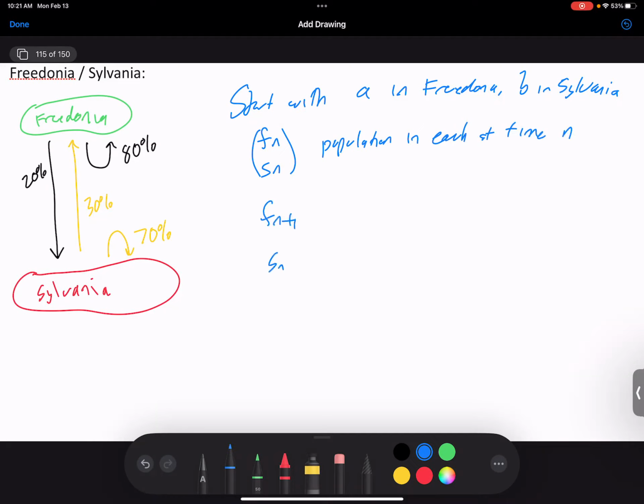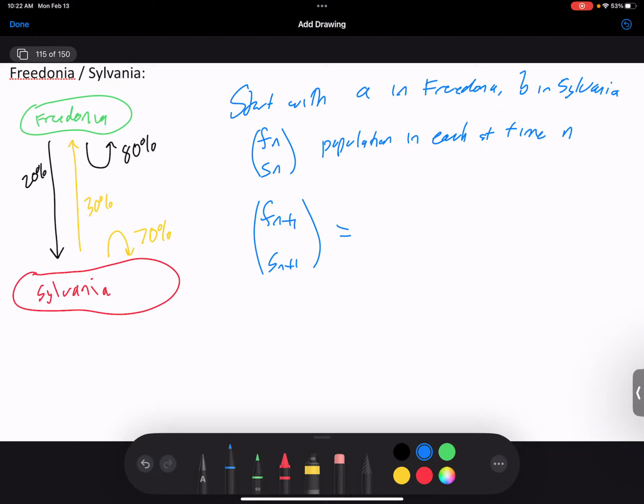And I want to model this. I want to know how much I have in each at time n plus 1 as a function of how much I have at time n. So how many people will I have in Fredonia at time n plus 1? So can somebody give me a formula?